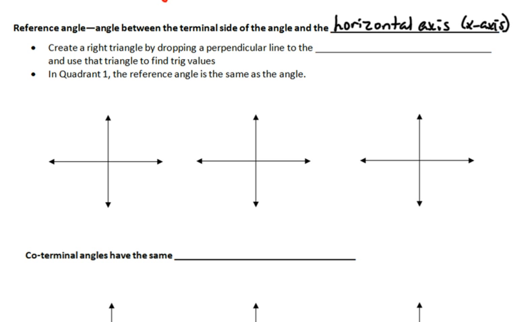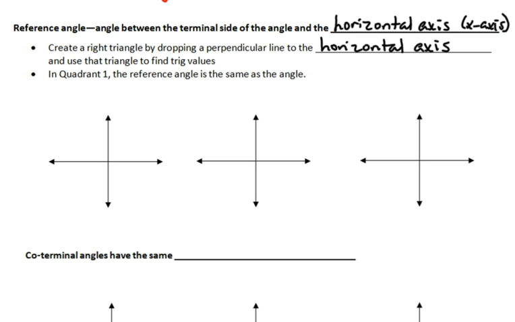We're always measuring to the x-axis, and that's very important, never to the y-axis. We're going to create a right triangle by dropping a perpendicular line to the horizontal axis, once again, never the vertical axis, and use that triangle to find trig values.